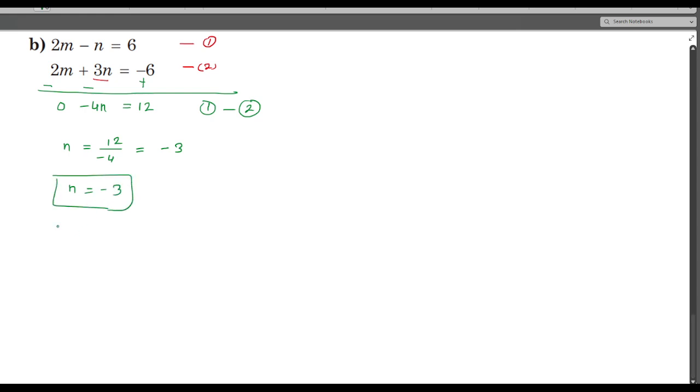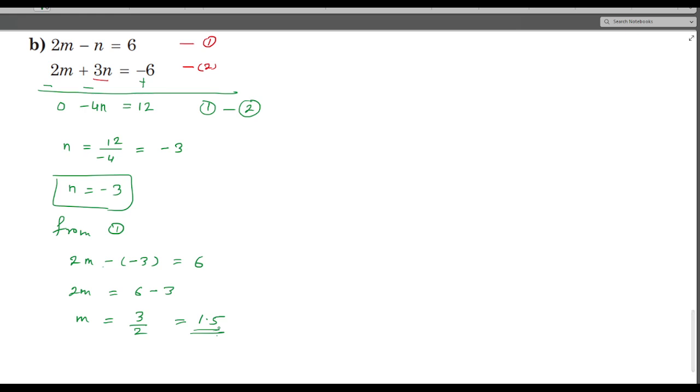And from equation 1, it is 2 times m minus n, with n as -3, is 6. Here minus minus becomes plus, so 2m plus 3 is 6. Therefore 2m is 6 minus 3, so m is equal to 3 divided by 2, which is 1.5. So here the value of m is 1.5 and the value of n is -3.